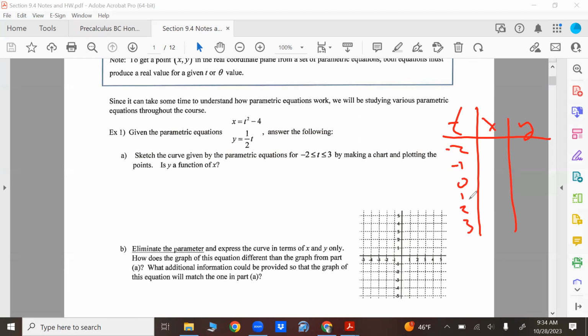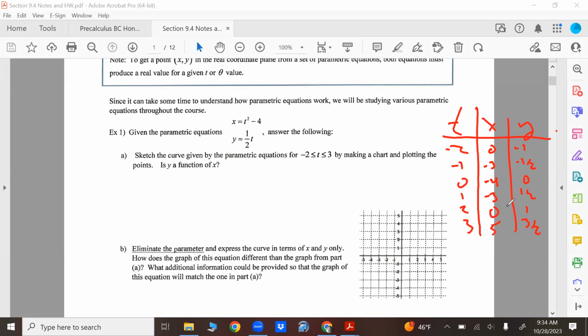We'll start with y because that's easier. You get -1, -1/2, 0, 1/2, 1, and 3/2. Cool. Now let's do it for x. You should get 0, -3, -4, back to -3, back to 0, and in this case, 5.